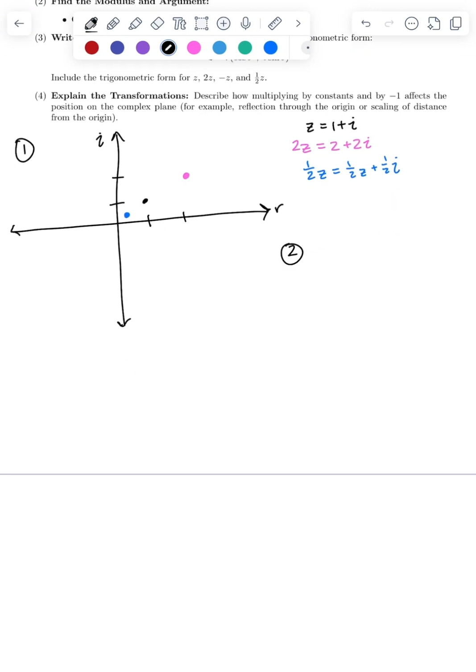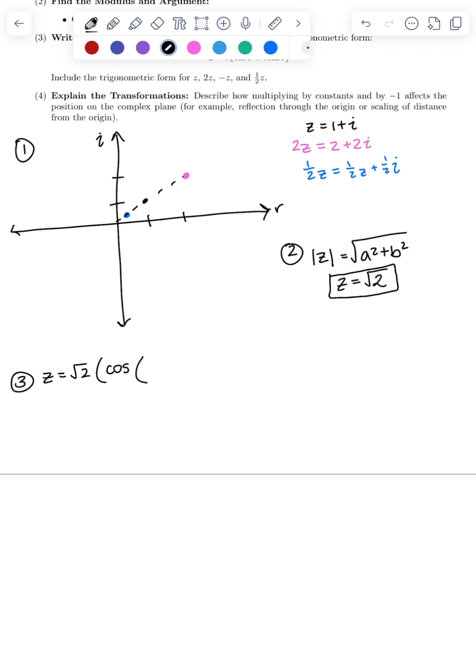So then next, to find the modulus, a squared plus b squared, take the square root, so it equals the square root of 2. And then for the next part, I'm going to write out z equals root 2 times cosine of the angle, which is pi over 4, 45 degrees. Cosine pi over 4 plus i times sine pi over 4.